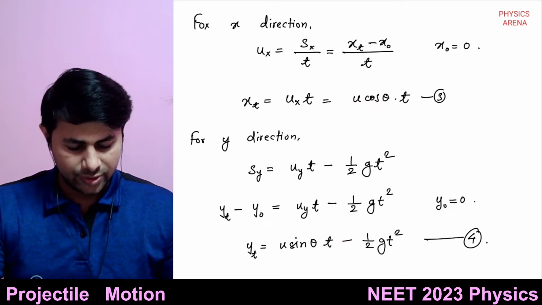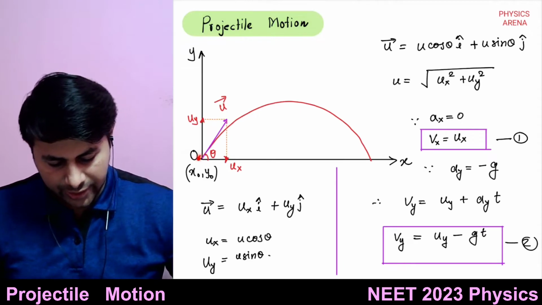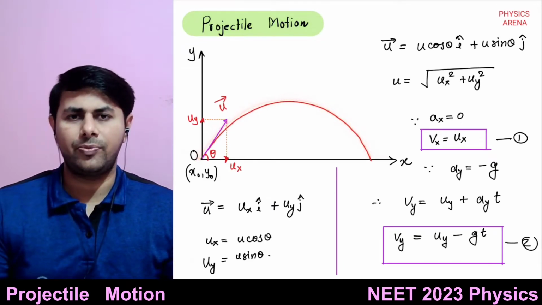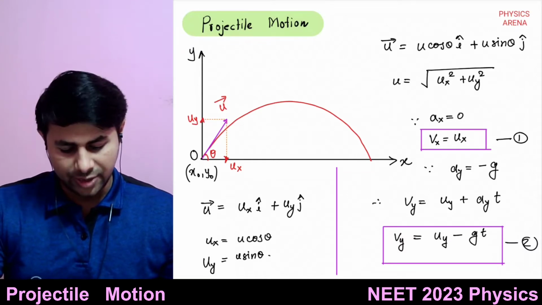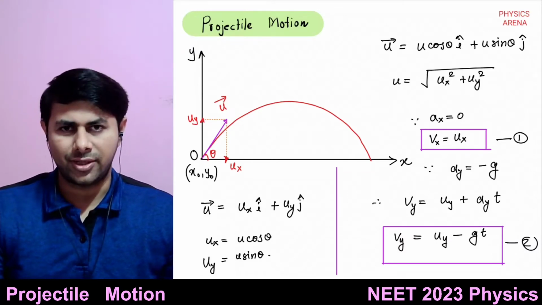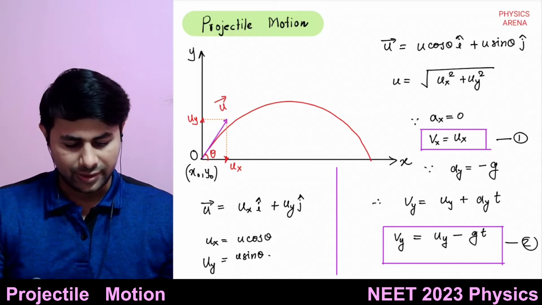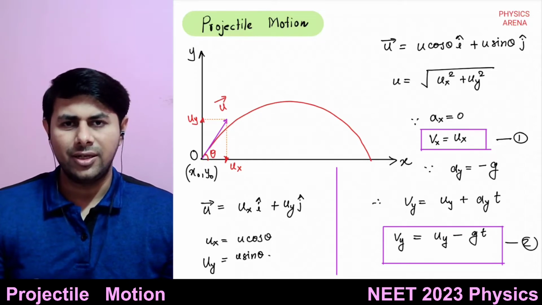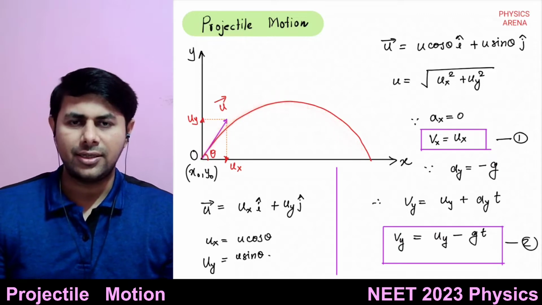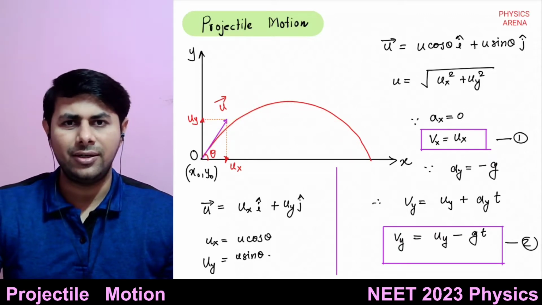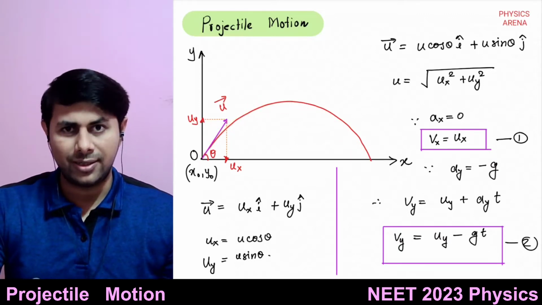Okay, so see, what is the equation of trajectory? It is the relation between y coordinate and x coordinate. Okay, so first thing that I want to find out is equation of trajectory. What is equation of trajectory? It is the relation between y coordinate and x coordinate. So how do I find that?